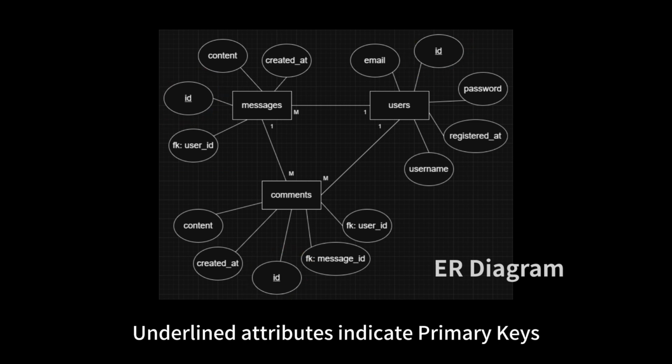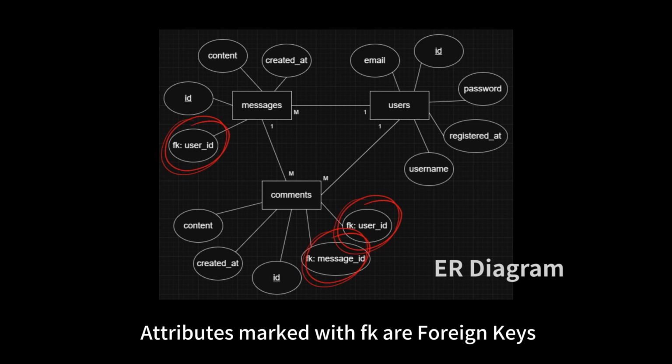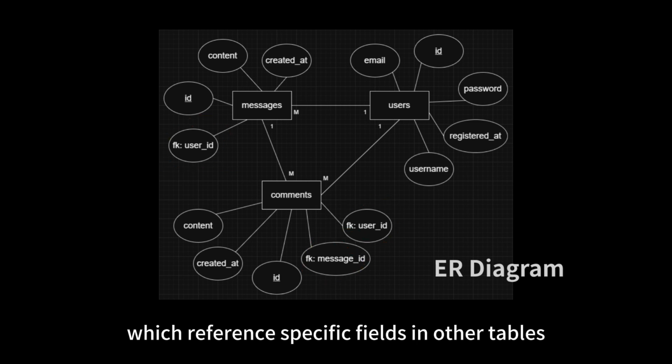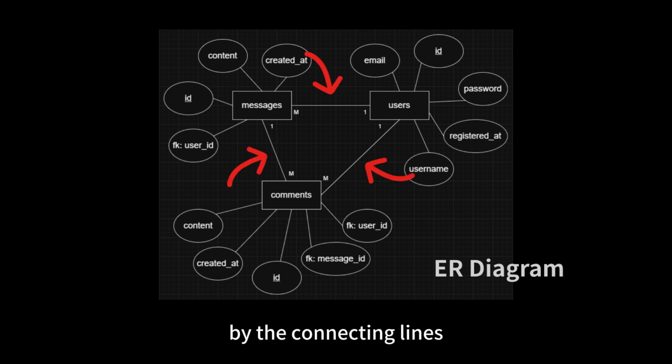Underlined attributes indicate primary keys, which are unique identifiers that never duplicate. Attributes marked with FK are foreign keys, which reference specific fields in other tables. We can understand the relationships between entities by connecting lines.